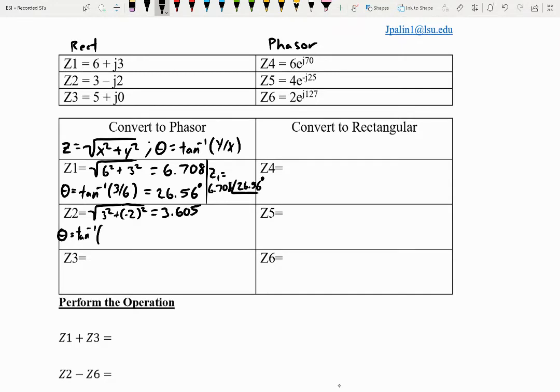So y is negative 2, x is 3. That gives us negative 33.69 degrees. So therefore z2 is 3.605 at negative 33.69 degrees.